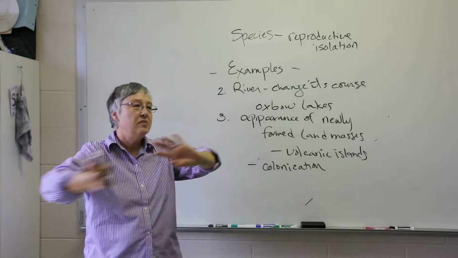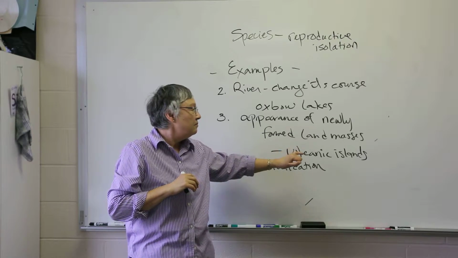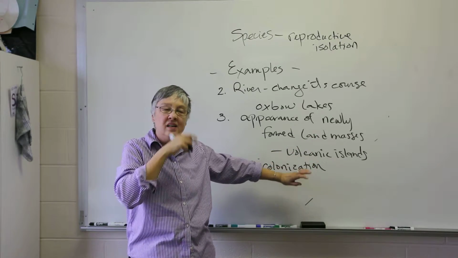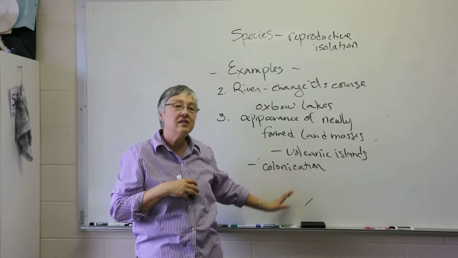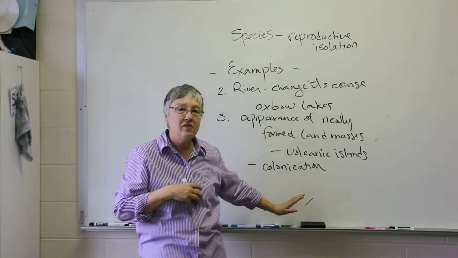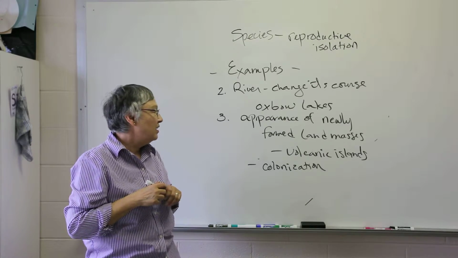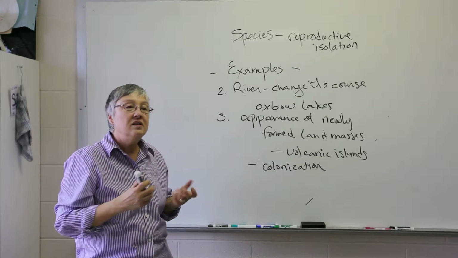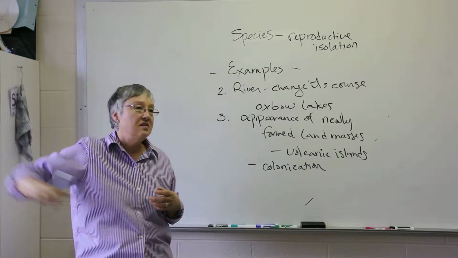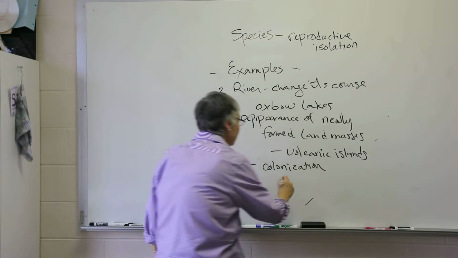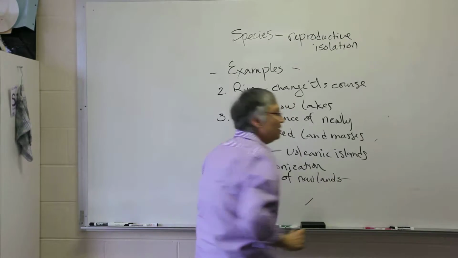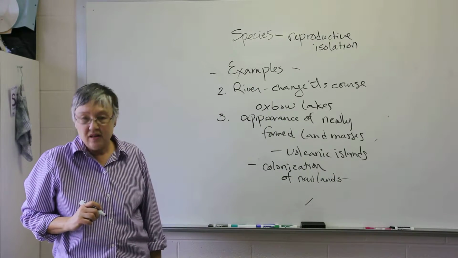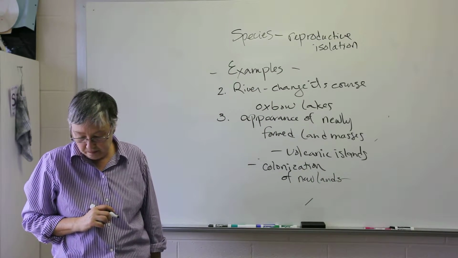Maybe a few of them ended up being blown to these islands. They now reproduce and become adapted to the environment on these islands, and so they become different from the larger population that's on the coast. So colonization of new lands is an example where speciation can occur.